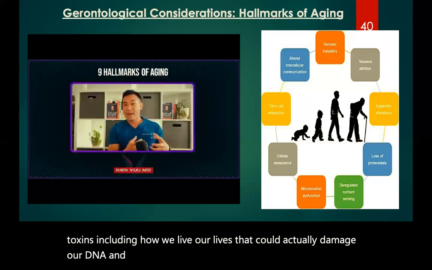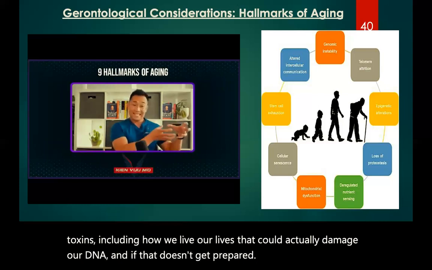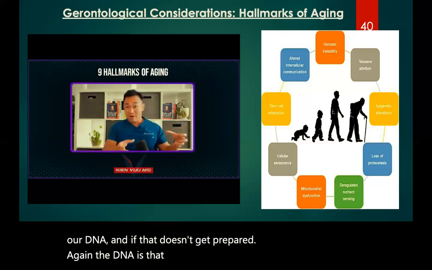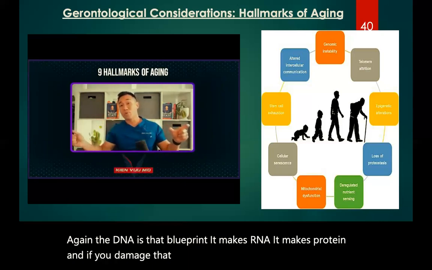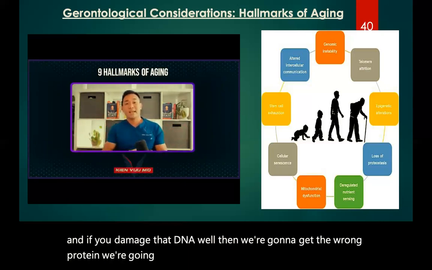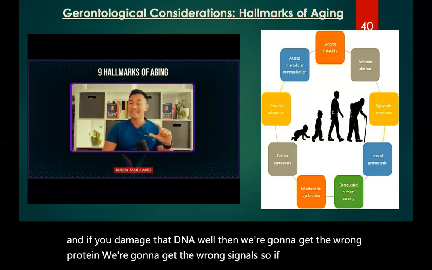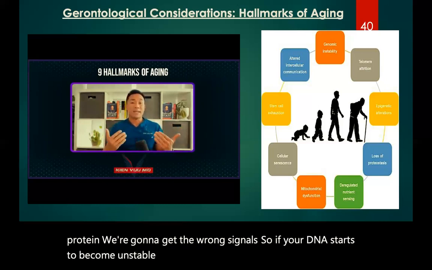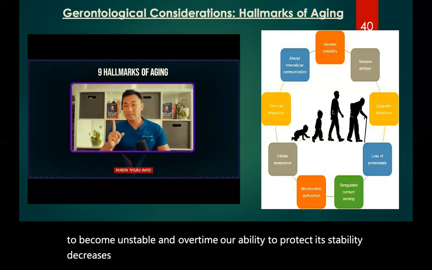And if that doesn't get repaired, again, the DNA is that blueprint. It makes RNA, it makes protein. And if you damage that DNA, well, we're going to get the wrong protein. We're going to get the wrong signals. So if your DNA starts to become unstable, and over time, our ability to protect its stability decreases. So genomic instability is one of the hallmarks of aging.